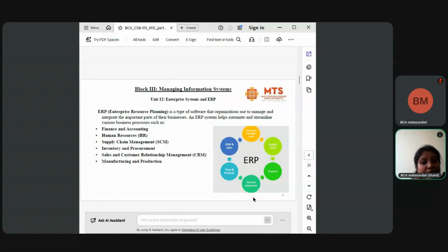An ERP system helps automate and streamline various business processes such as finance and accounting, human resources, supply chain management, inventory, sales and customer relationship management, and manufacturing and production. So these are the various processes in ERP, that is enterprise resource planning.